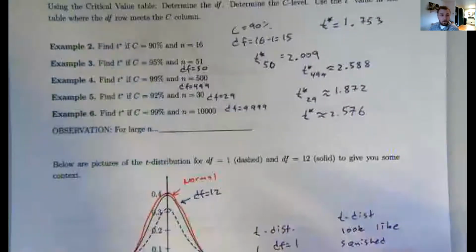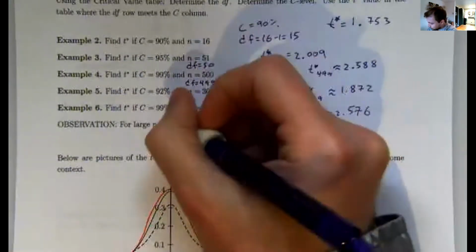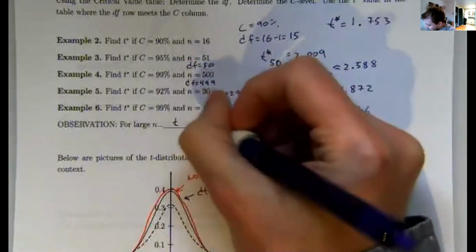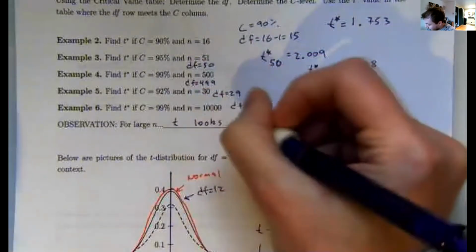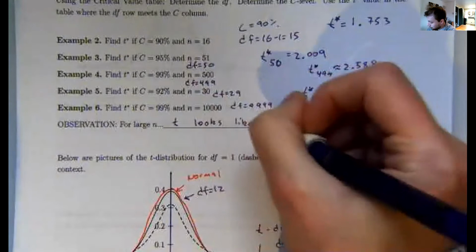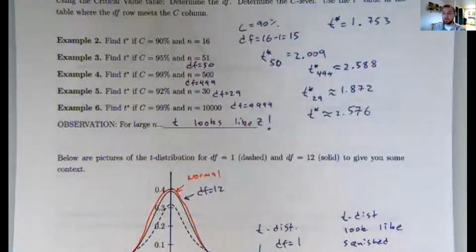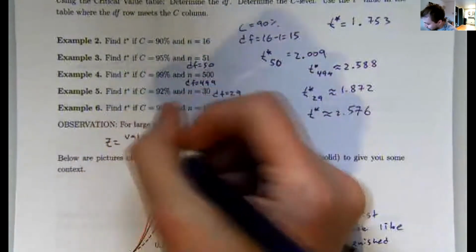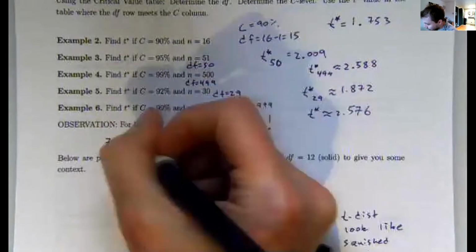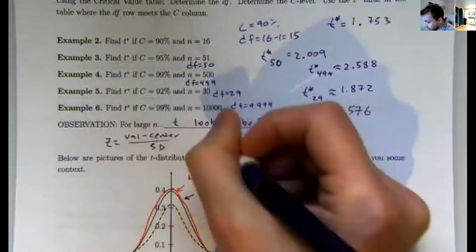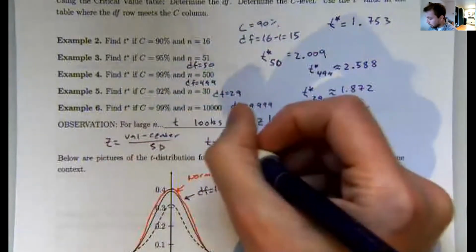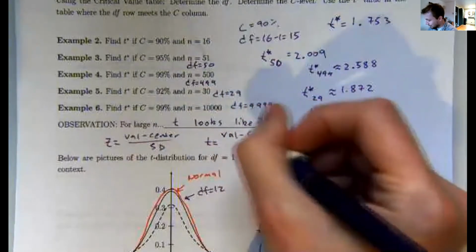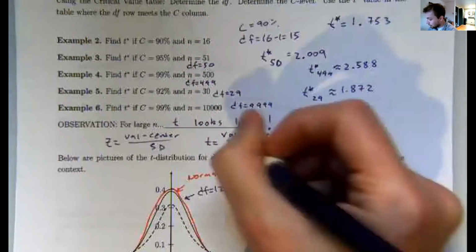Great. Observation for large n: T looks like Z. So we might have a new distribution, but they're going to work exactly the same way. When I found z-scores, I used to do value minus center over standard deviation. Well, if I'm ever asked to find a t-score, I'm going to find it by taking value minus center over standard deviation.